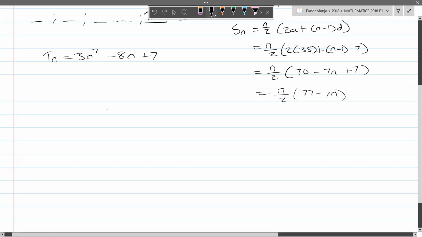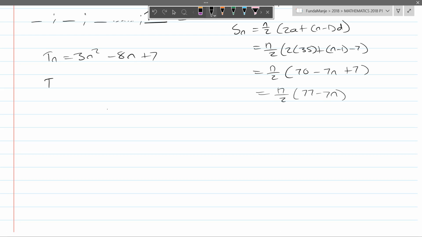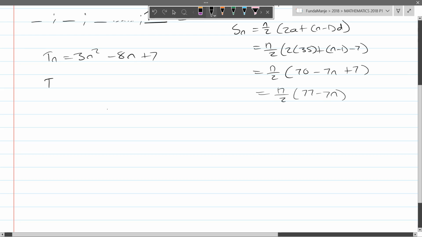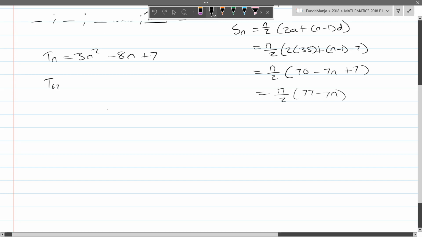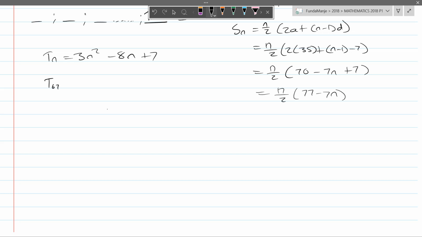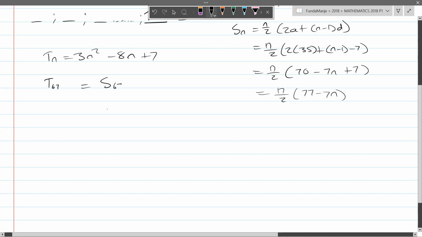For example, hypothetically, we might be talking about the position 67. So at 67, term number 67 in this quadratic pattern will be equal to the sum of the first 67 numbers in the arithmetic pattern.